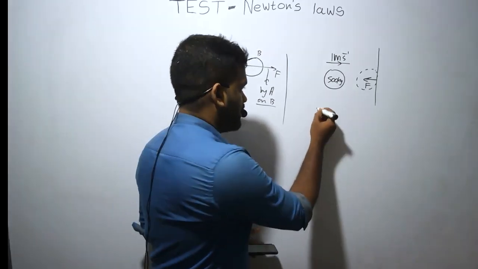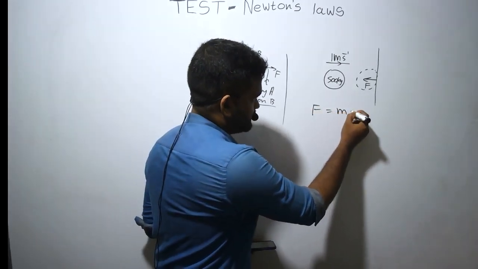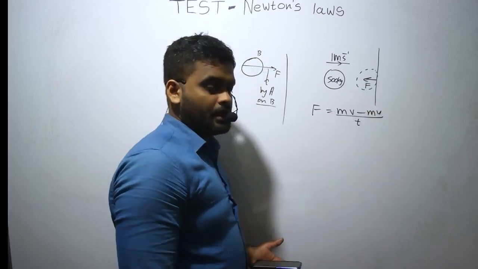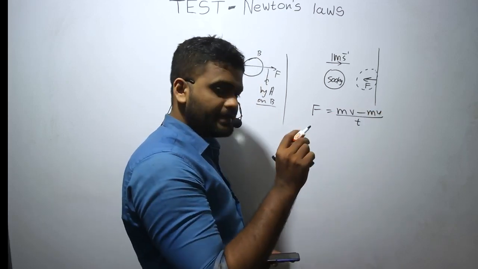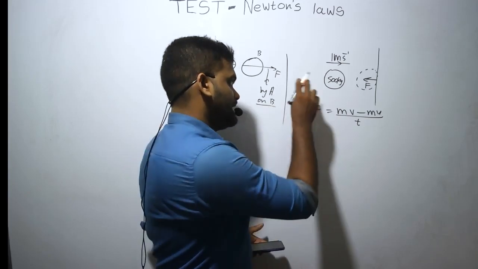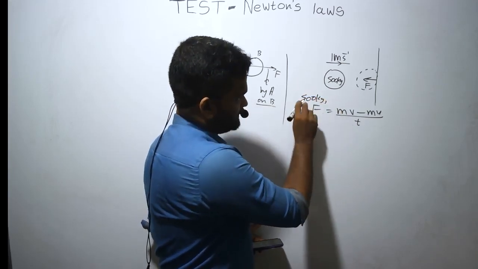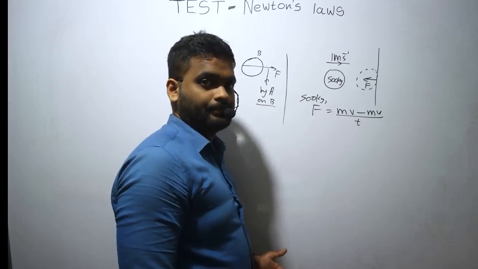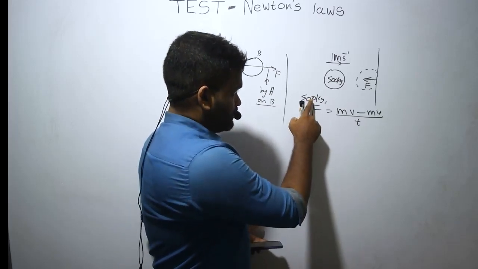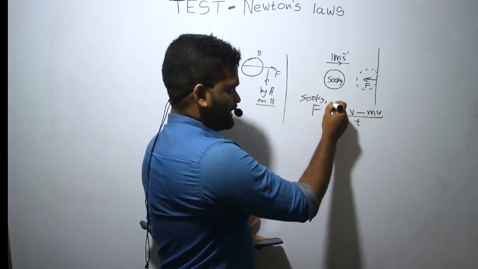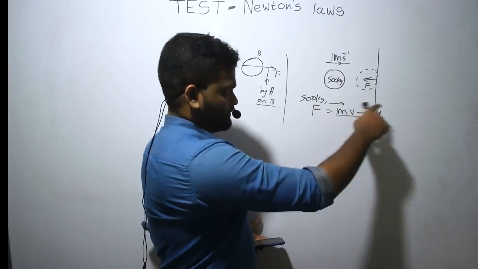Think about how I'm going to use this. Whenever you apply this equation, you are always applying it to a certain object. Here I am applying it to the 500 kilogram object. So you have to consider all the forces on the 500 kilogram object, and the direction is horizontal. I am applying it in this direction.